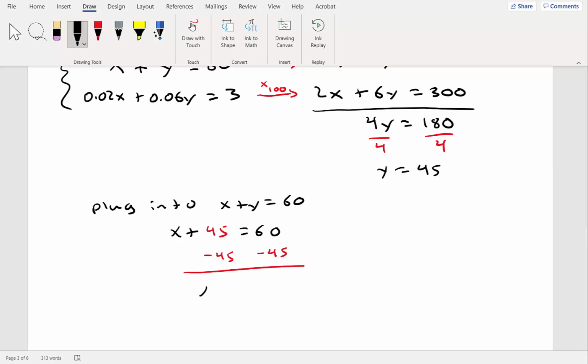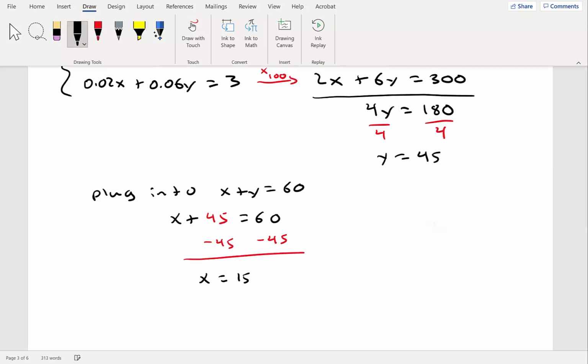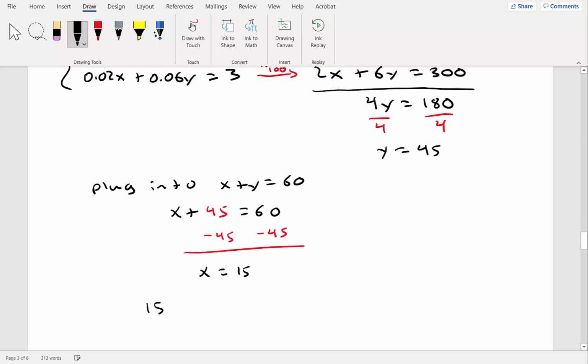We get x is equal to 15. Okay, so we have 15 quarts of attack and 45 quarts of blast.